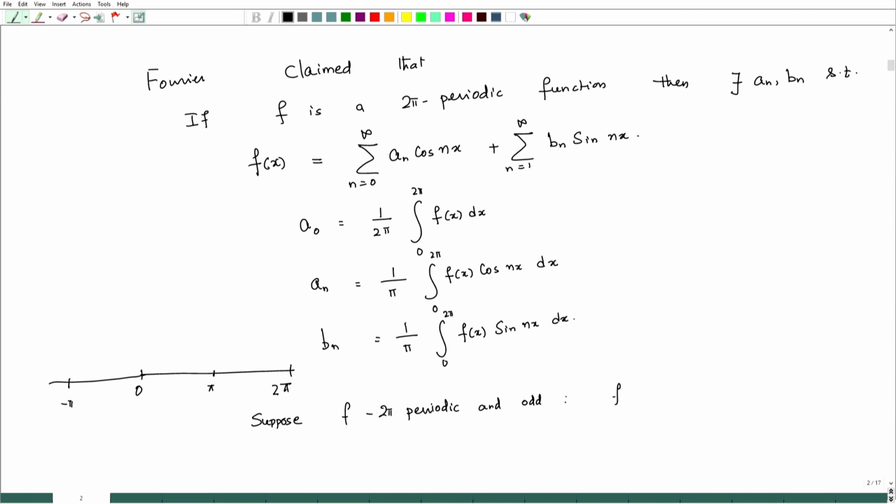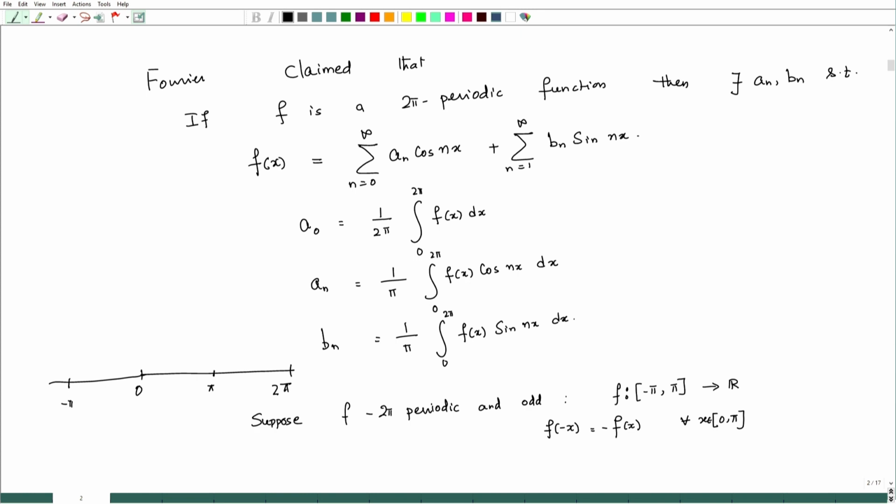That means f is, I can consider it as a map from minus pi to pi to R, where f of minus x is equal to minus f of x. So, for this kind of function it is enough to define the function on 0 to pi, then the rest is just the odd extension.